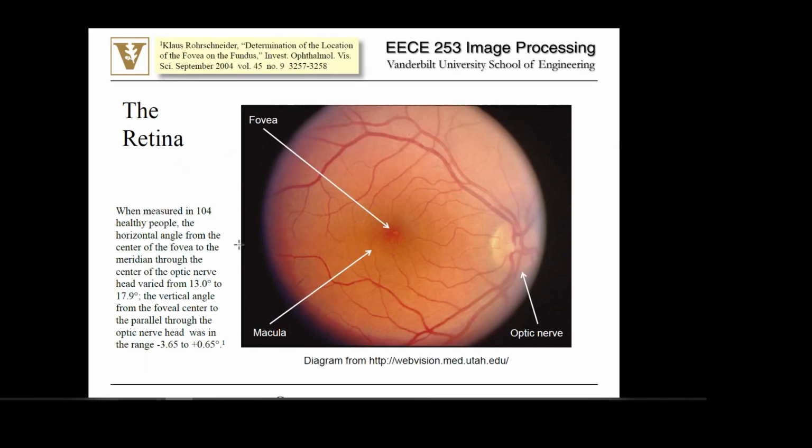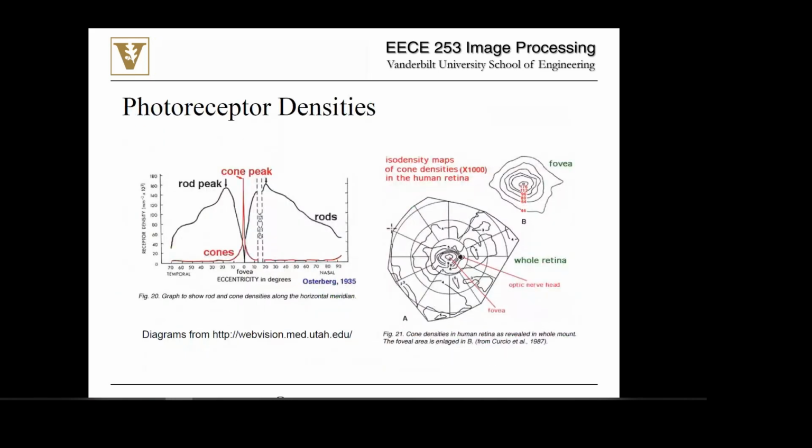This fovea is a region where cells are very tight with each other. And then we can measure the density of rods and cones as we go away from the fovea. This is an angle, and this angle goes towards the nose.